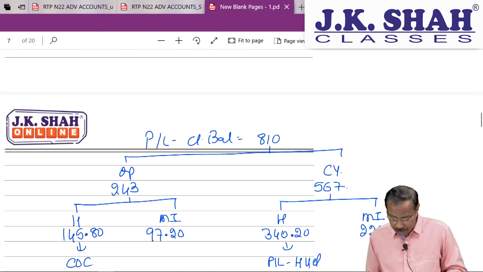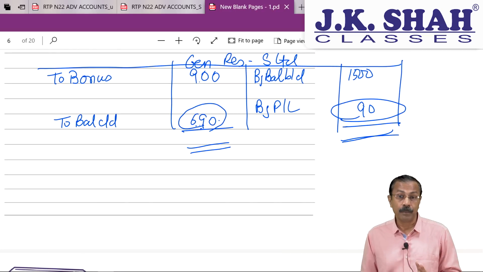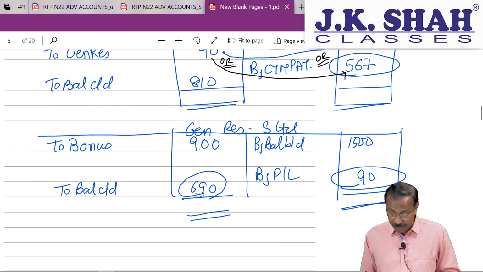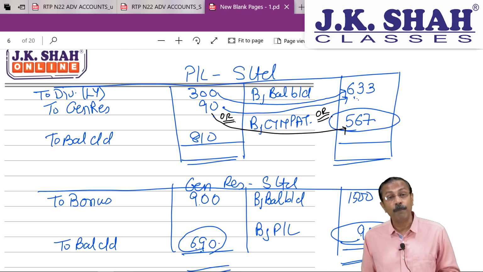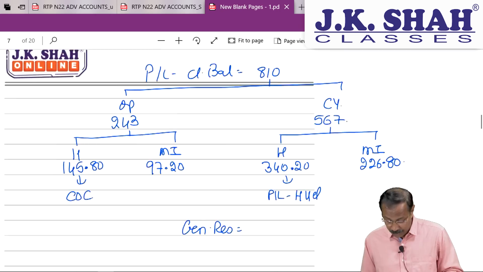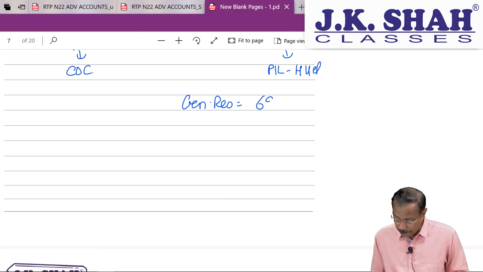What will be the balance? 690, and this 690 will be considered as purely pre, remember. It includes current year's transfer of 90, but this 90 I've taken from where? I've taken it from the opening balance of P&L, and opening P&L is pre. So transfer to general reserve is also pre. So this full 690 will be pre.